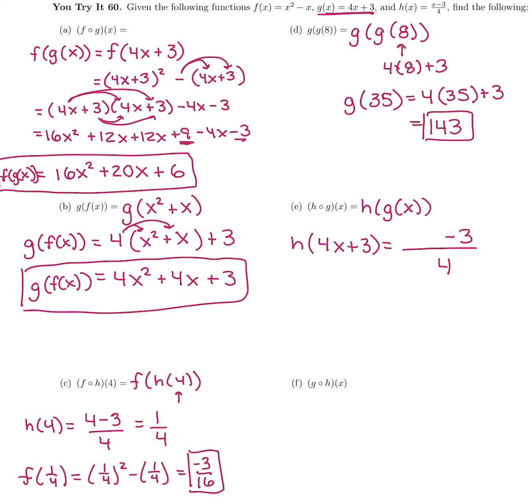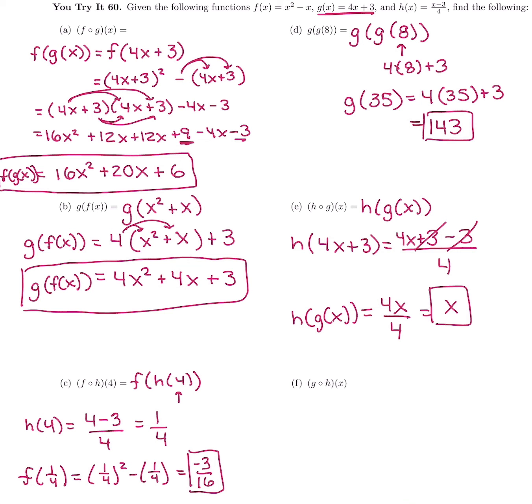And instead of writing x minus 3 over 4, I'm going to write 4x plus 3 minus 3 over 4. And I can simplify the top. The 3 minus 3 is going to cancel. It's going to leave me with 4x over 4, which is really just x. So my h of g of x ends up just being x.